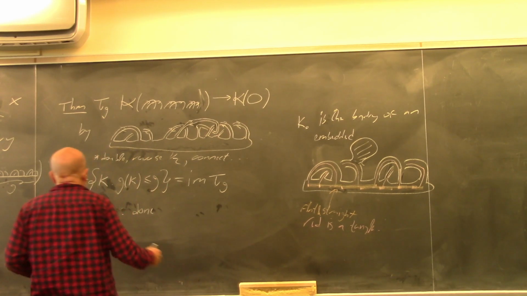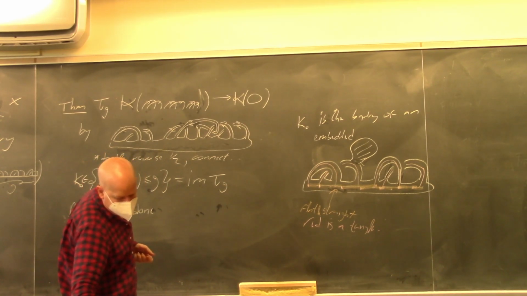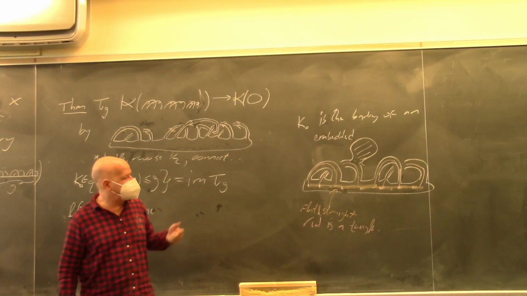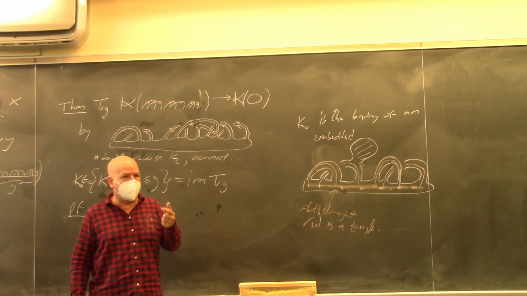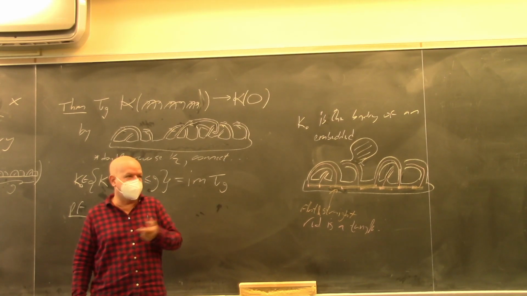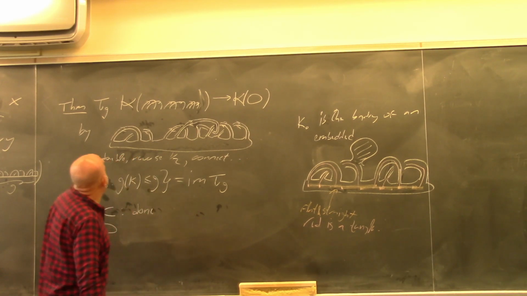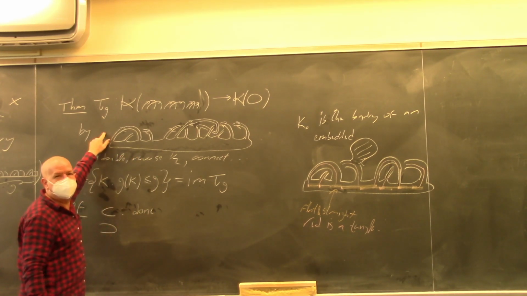So that's all. Oh, wait. So what's the moral? The moral is, so you see, I already gave you reasons to care about tangles. So the reason was computational speed, okay? But now I've given you another reason to care about tangles.